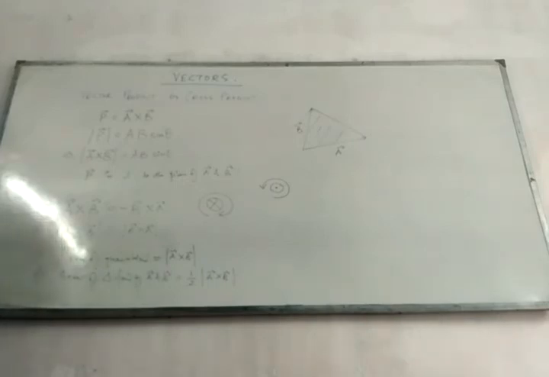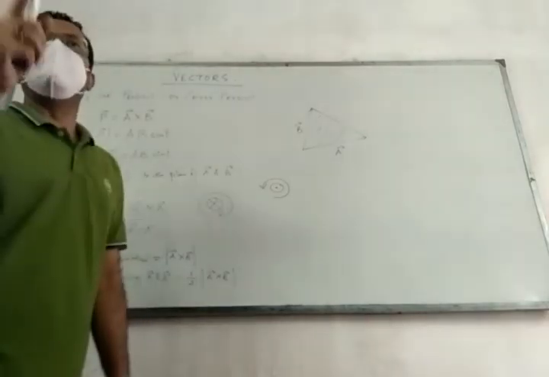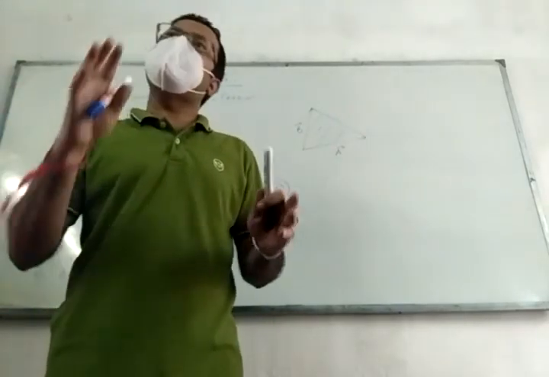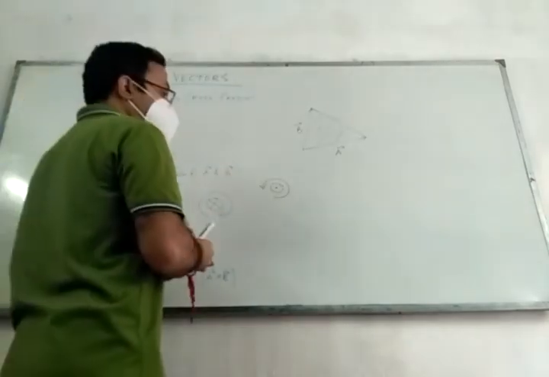Is that clear? And of course, when they ask you to find out a vector which is perpendicular to both the given vectors, that means we have to go for finding out the cross product. Okay. Now, if the vectors are given in ijk form, how do you find out the cross product?